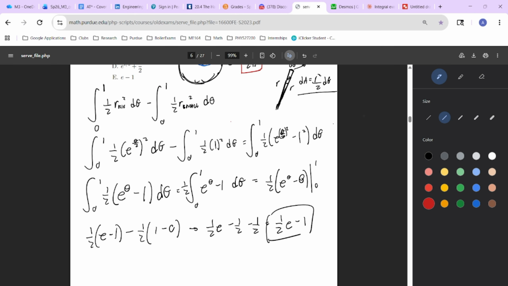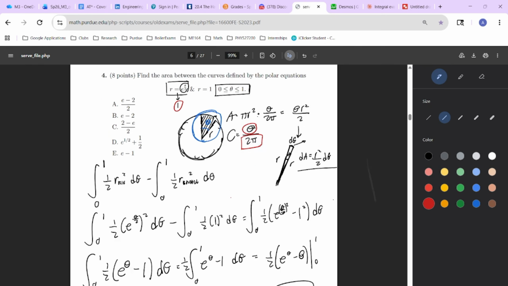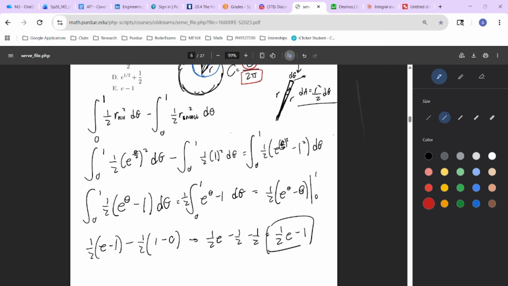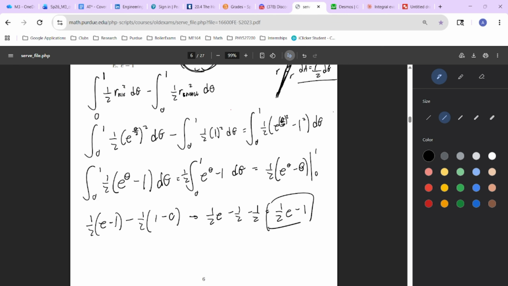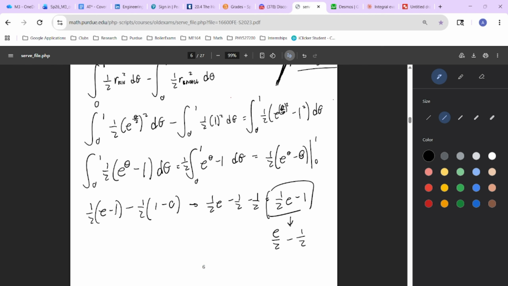Is that anything here? Yeah, that is. That would be this one. Reason being, you can combine it into one fraction. So you bring the e into the 1/2, and then you have minus 1/2.